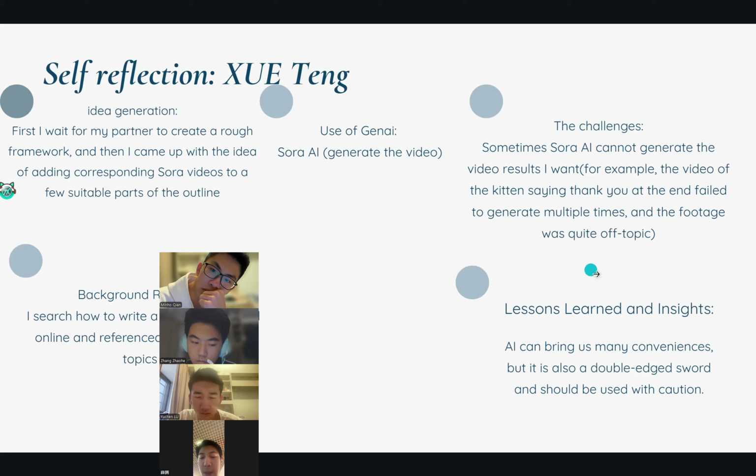What I learned in this lesson is that AI can bring us many conveniences, but it's also a double-edged sword and should be used with caution.